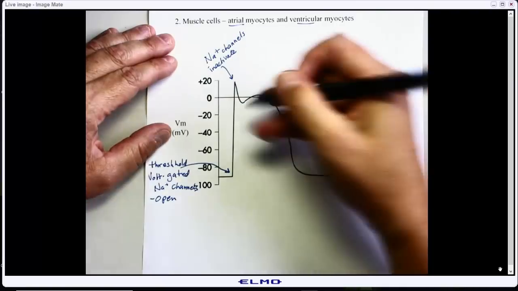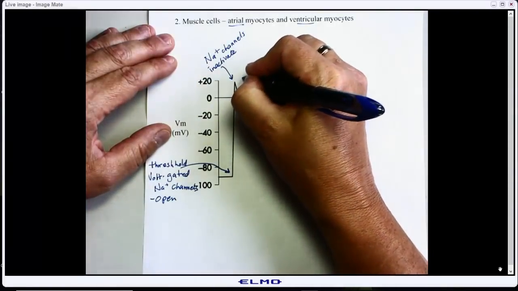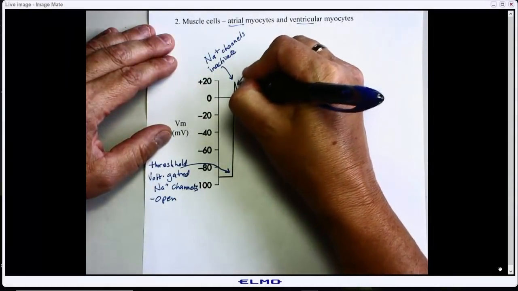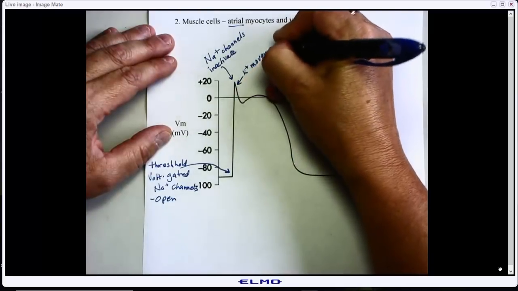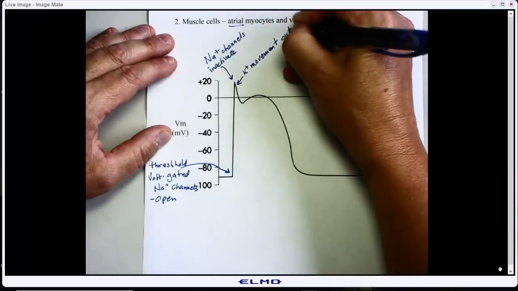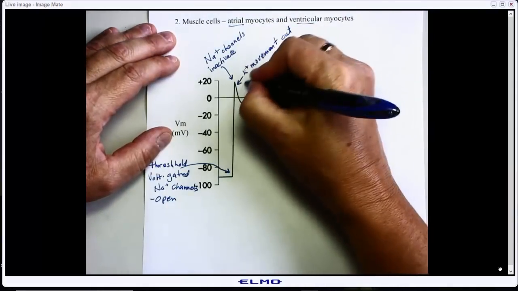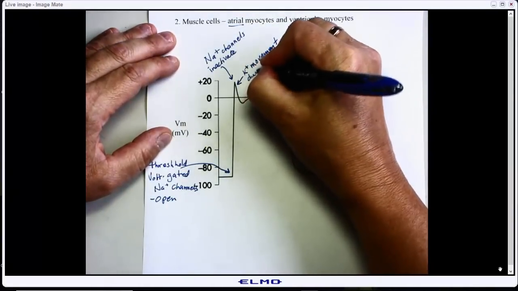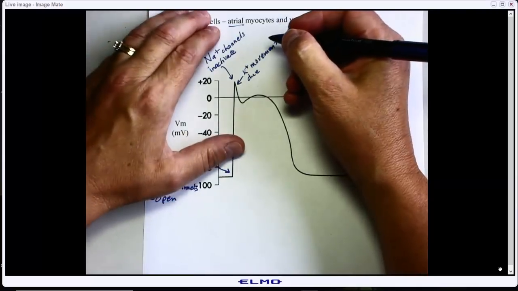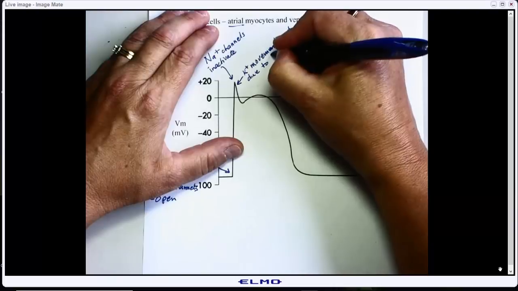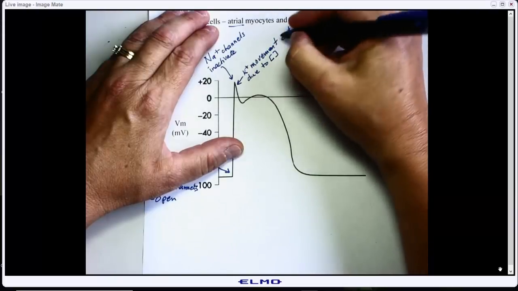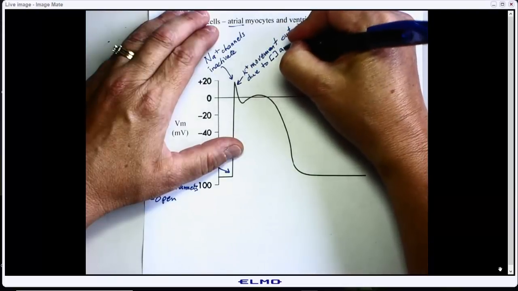So we're going to start to see potassium flux out. So potassium movement out, not due to opening or changing channel behavior, but just due to concentration and electrical gradients.